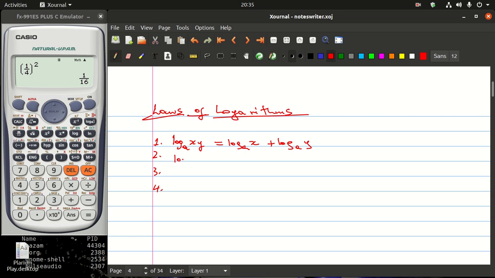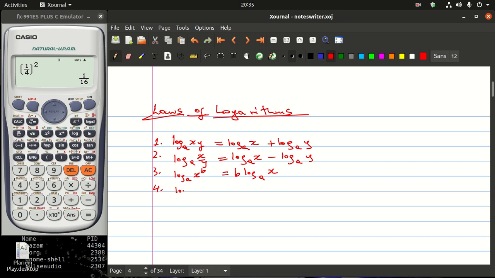And if you take log a of x over y, you're supposed to get log a of x, the numerator is the one that goes first, and then you subtract log a of y. And if you take log a of x to the power b, this is the same as bringing this b down. You have b log a x.